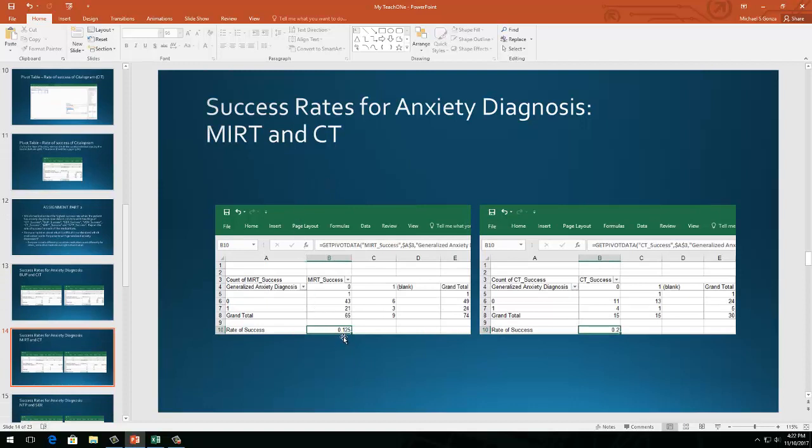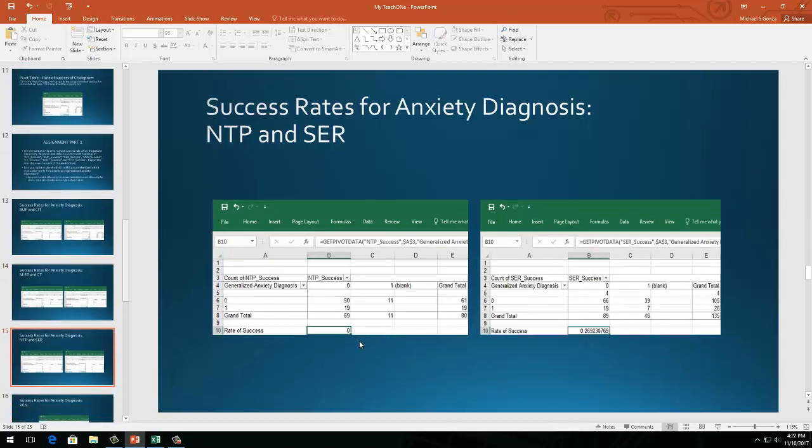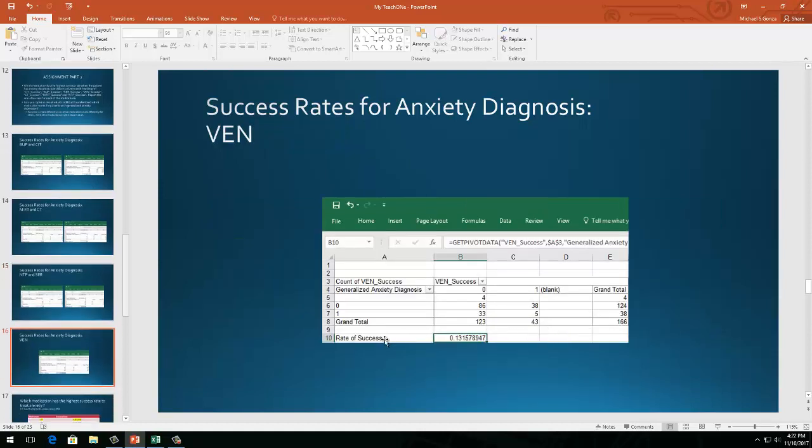MIRT is 0.125, and the rate of success for CT is 0.2. NTP rate of success is 0, and SER rate of success is 0.269. The rate of success for VEN is 0.131, which was the last drug that it asked for.